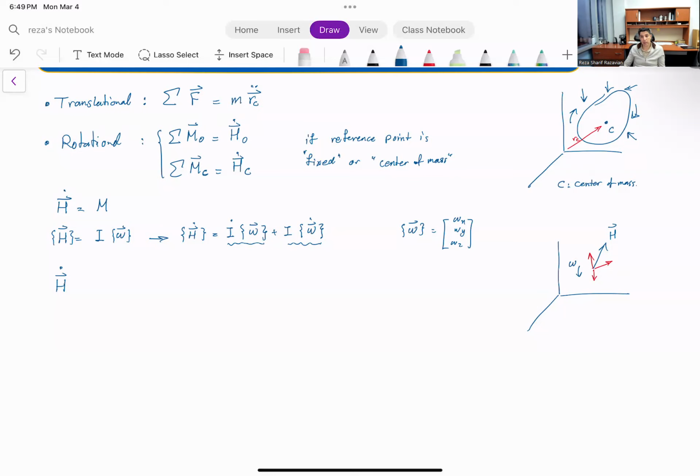And coincidentally, let's assume this frame, the red one, is fixed to the body. So actually omega is the angular velocity of the body. So let me write it down here.